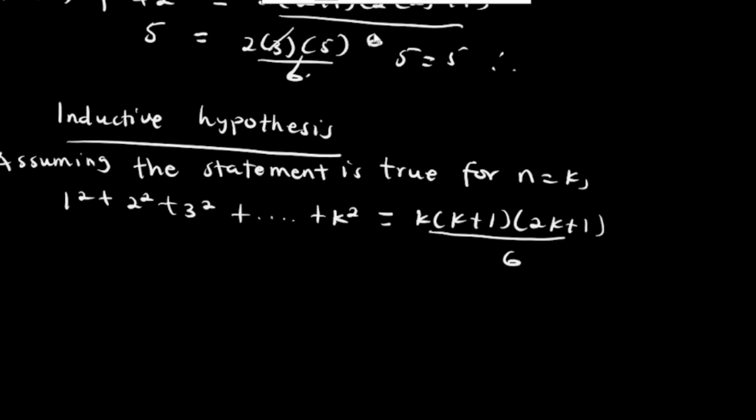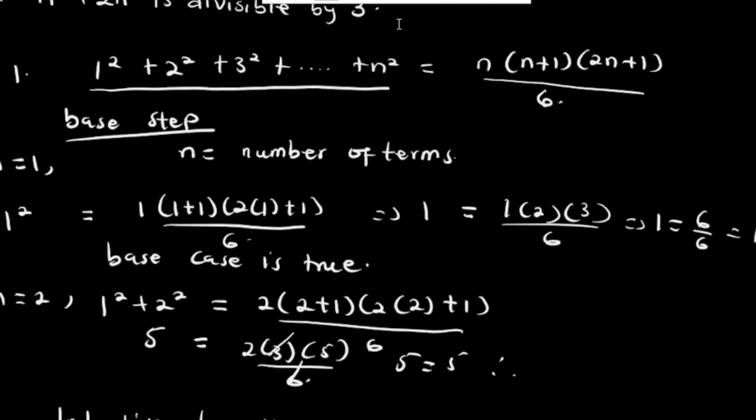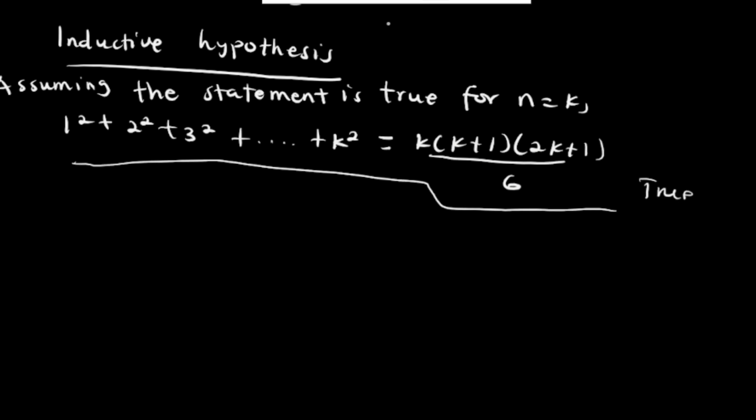So I made a substitution from this side. You can clearly see wherever I saw n, I put k there. So at this point, this whole statement here is true by our assumption. The next step is our inductive step.